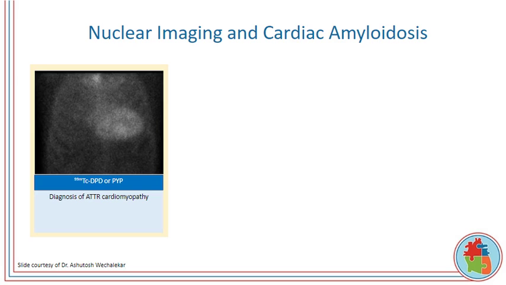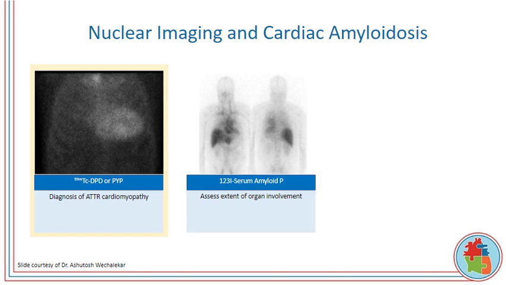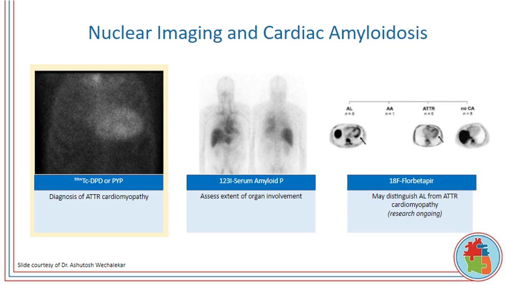Importantly, light chain amyloidosis must be excluded and SPECT imaging must be utilized in order to avoid false positive test results. Several other nuclear imaging modalities may also be helpful when evaluating patients with amyloidosis. 123I serum amyloid P has demonstrated utility for assessing the extent of non-cardiac organ involvement in patients with amyloidosis. Additionally, 18F florbetapir is currently being studied as an agent which may distinguish light chain from transthyretin cardiac amyloidosis.